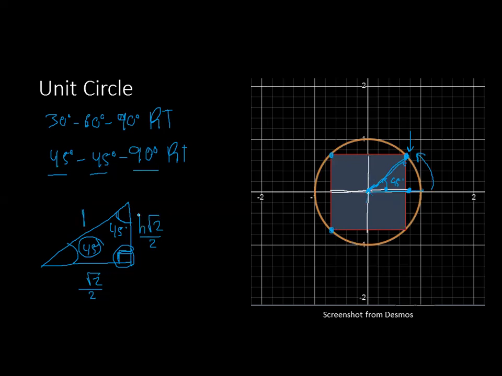That means remember we have h and h here, so you will have 1 times square root of 2 all over 2 and 1 times square root of 2 all over 2. Hence, you have square root of 2 all over 2 as the height and the base. This one is square root of 2 all over 2, and this one is also square root of 2 all over 2.